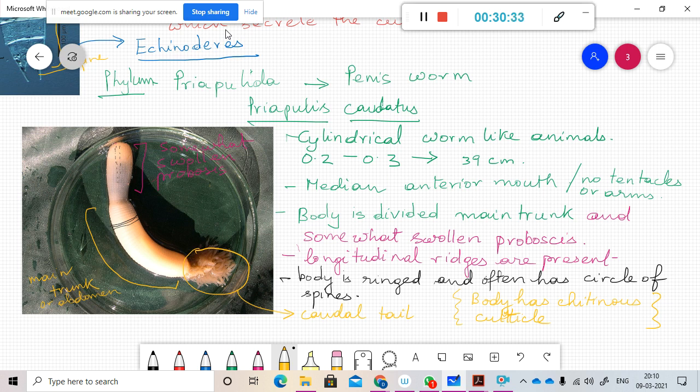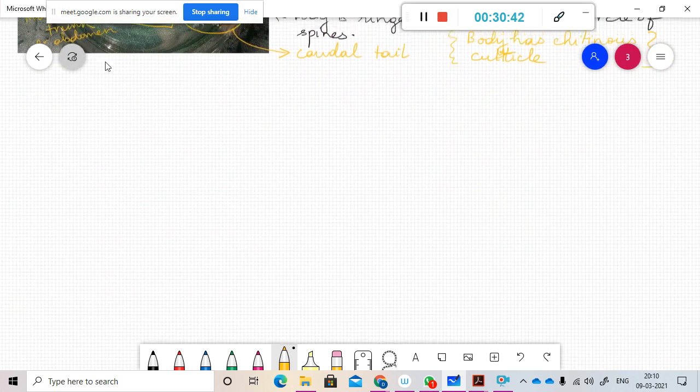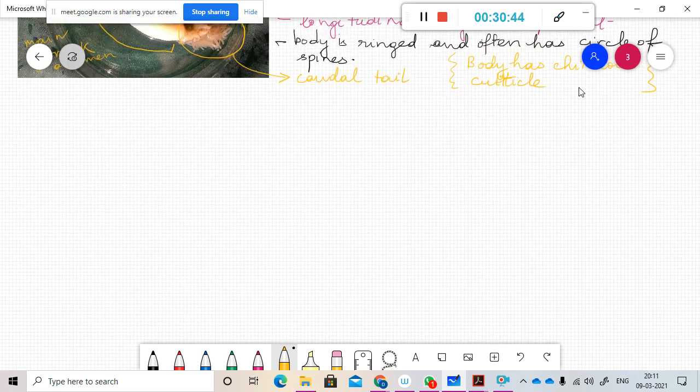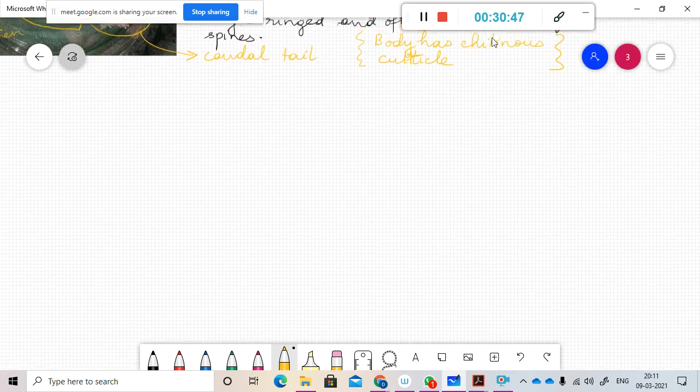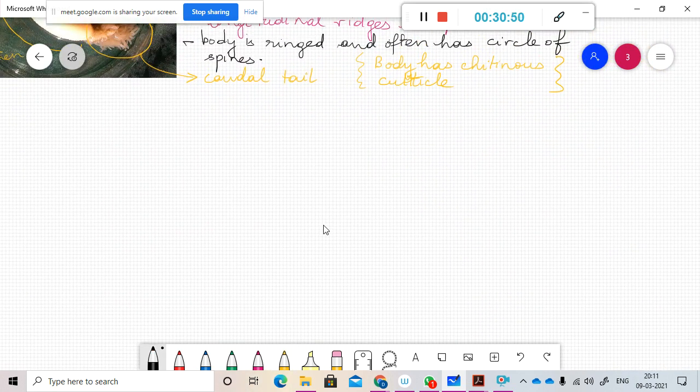Then we go to the next one, the Nematomorpha.